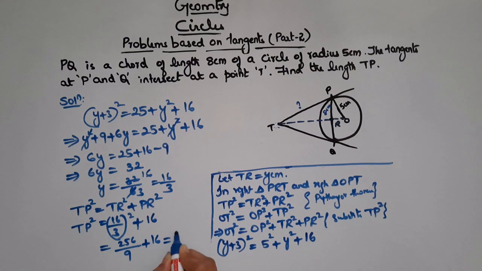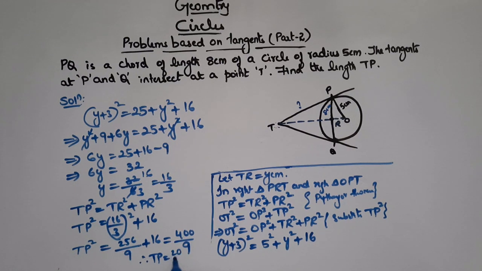This will give you 400 by 9. That is TP square. We want TP, so TP is equal to square root of 400 by 9. Square root of 400 is 20, and square root of 9 is 3. So the length of TP is 20 by 3 centimeters.